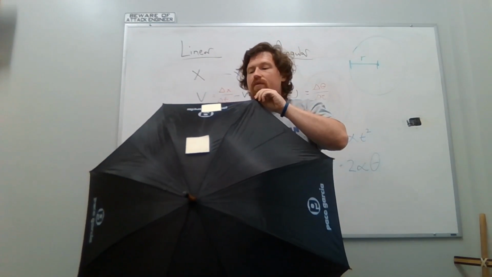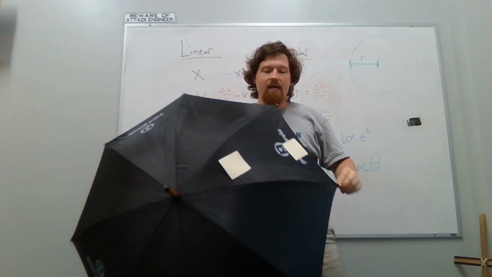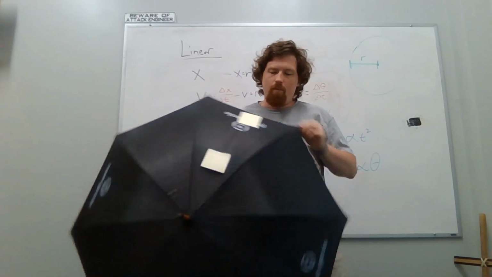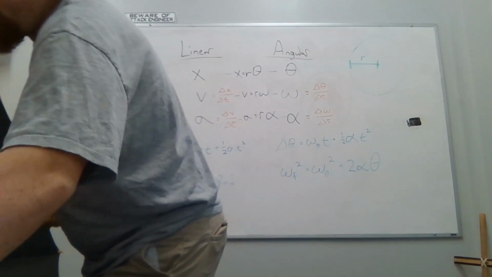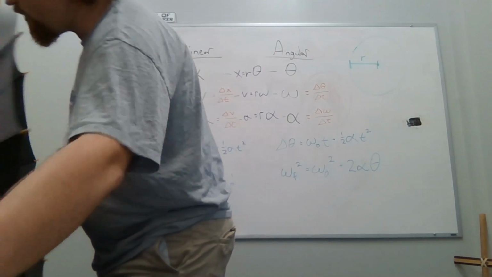Now, if I rotate the umbrella by 90 degrees again, both sticky notes, sorry about that everyone, I should get a fresh sticky note. It's still sticky.